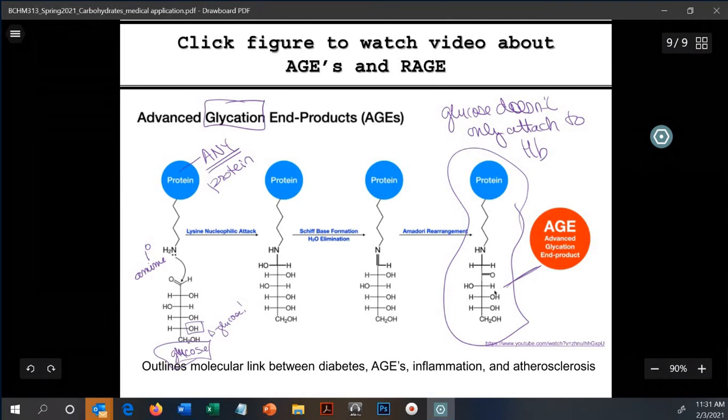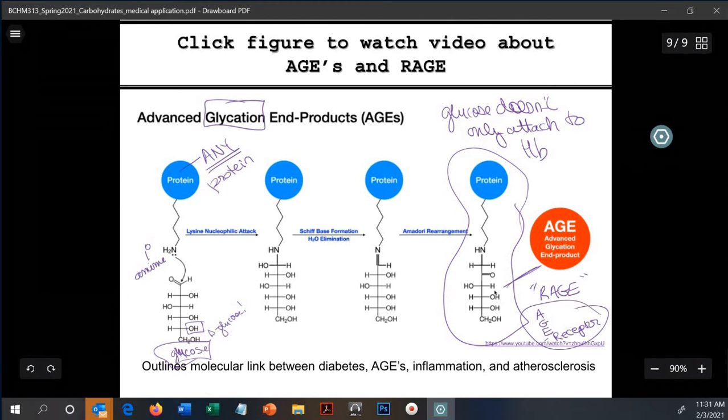These advanced glycation end products have their own receptors on cell surfaces, on working cells of the immune system, so on neutrophils and macrophages. And we call those RAGE, the advanced glycation end product receptor.